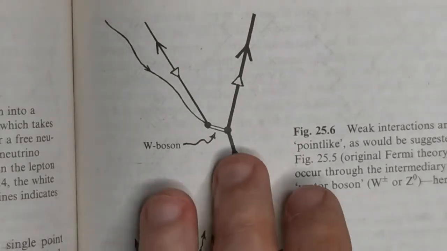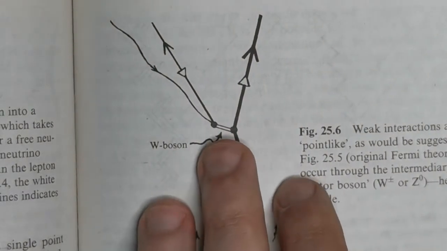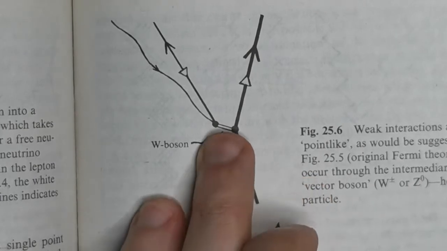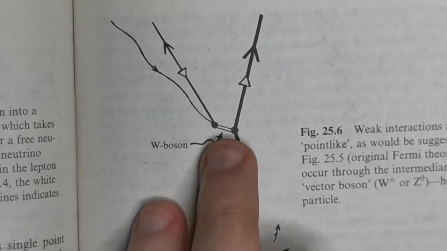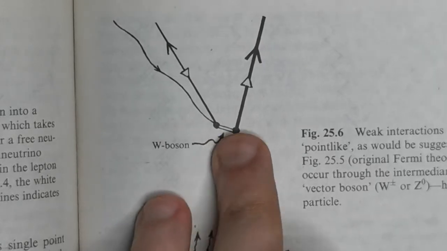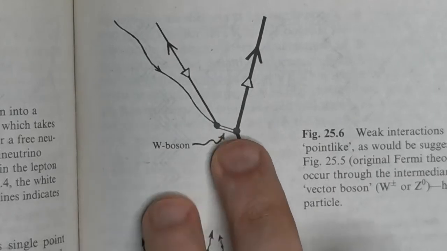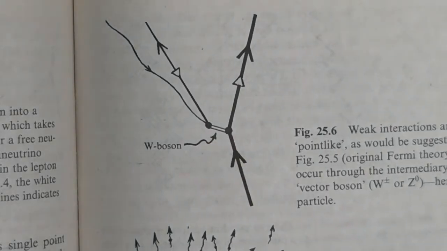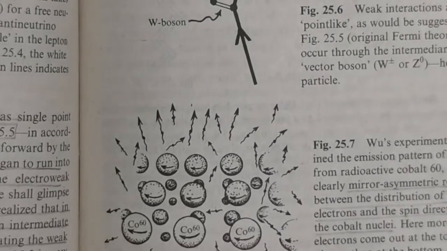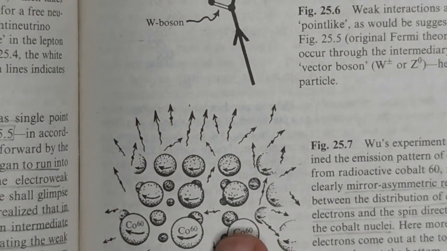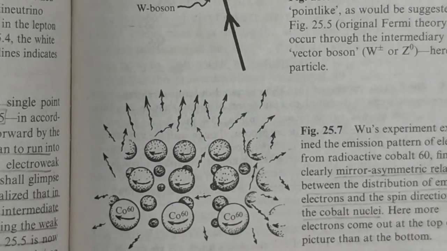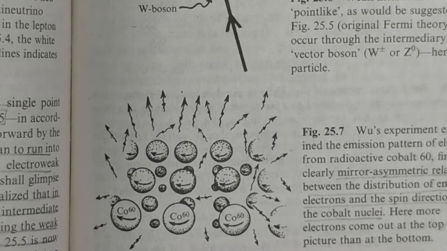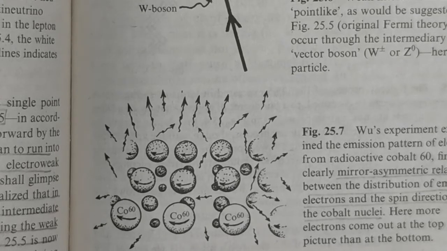Yeah, so on that picture we moved to the 2-point connection here instead of a 1-point interaction. So every beta decay should be connected with some kind of weak boson, like the W boson in that case. And also we talked about the Wu experiment, where she and her team found out about mirror reflection, not anti-symmetry, asymmetry.